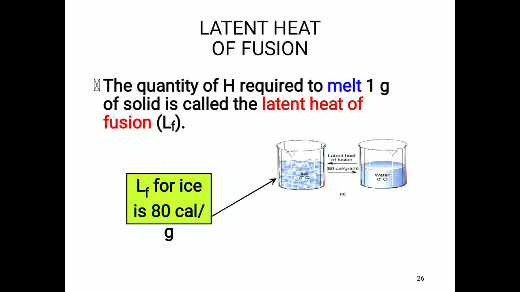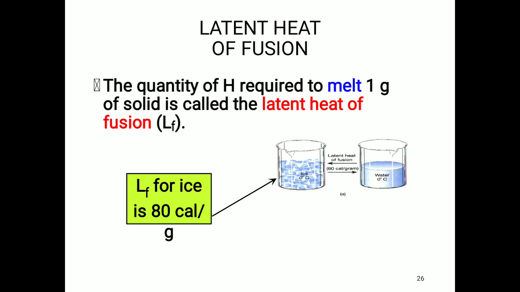Now the next concept is latent heat. First we will discuss the latent heat of fusion. The quantity of heat required to melt 1 gram of solid is called the latent heat of fusion. Okay, the amount of heat required to convert 1 gram of solid of any substance into liquid is called the latent heat of fusion.